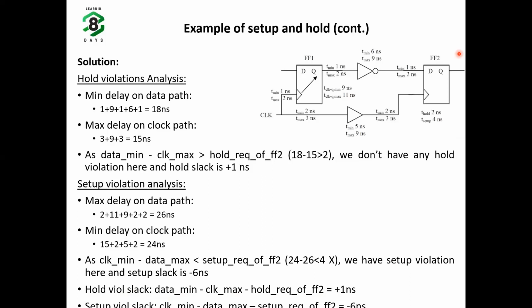So before we fabricate this design, we need to solve this 6 ns of setup violation and then we are good to go, right? We will discuss the next topics and the advanced concepts of STA and physical design in our coming up classes. Thank you.